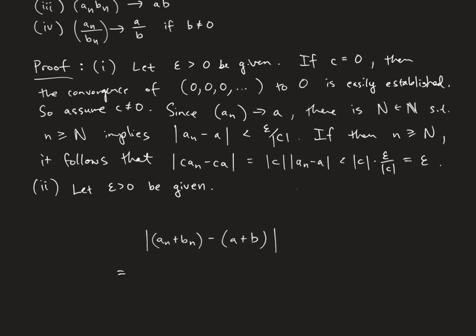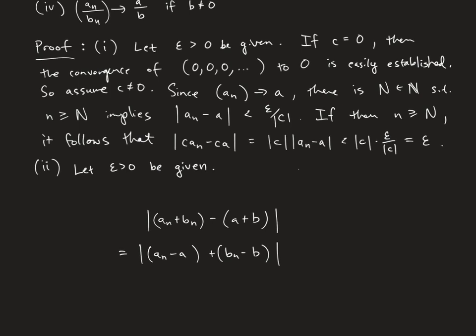So we just do obvious algebra to get AN minus A to appear and BN minus B to appear. So in this case, straightforward, right? Just sort of regroup your terms. This is AN minus A and BN minus B. Okay, and all we need to do is, these are being added together inside the absolute value.